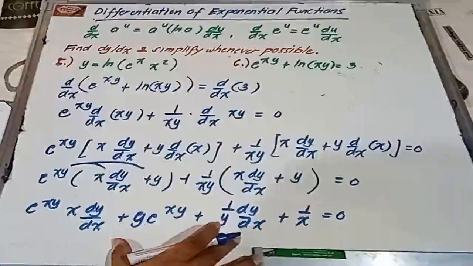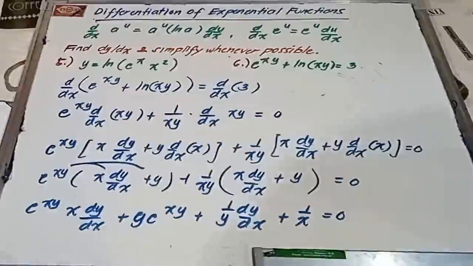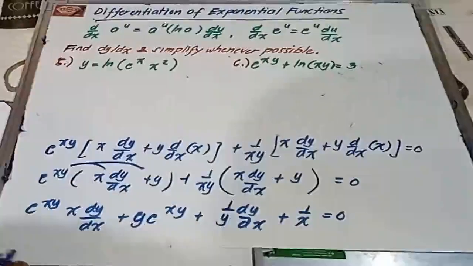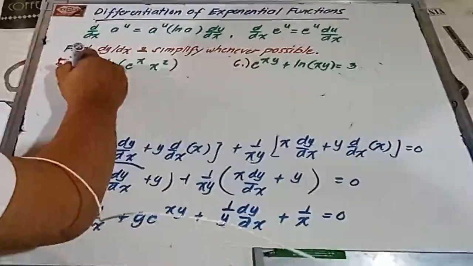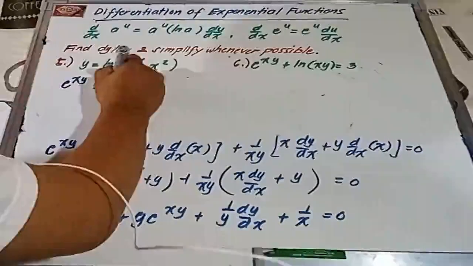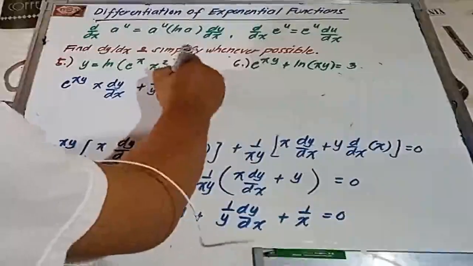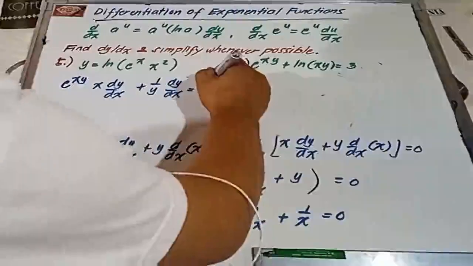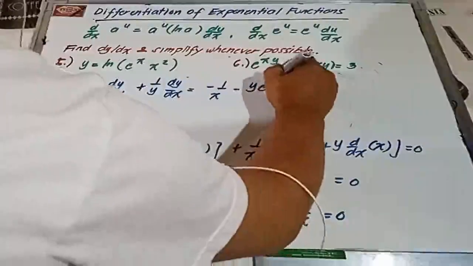So, pagsamahin natin yung ating mga dy over dx, at yung wala yung dy over dx, ilagay natin sa kanan. So, we have e to the xy, x dy over dx, plus 1 over y, dy over dx equal to, this will become negative, so negative 1 over x minus y e to the xy.